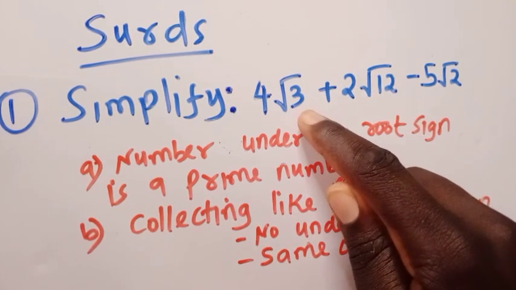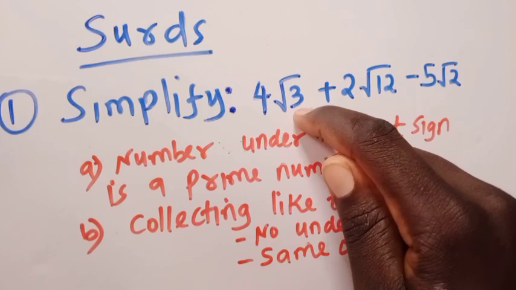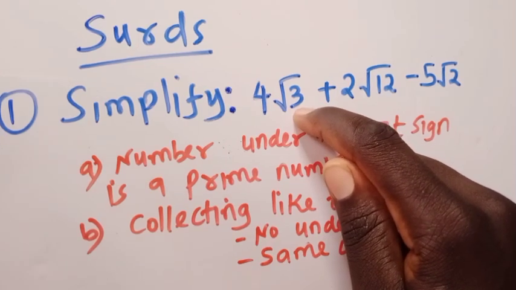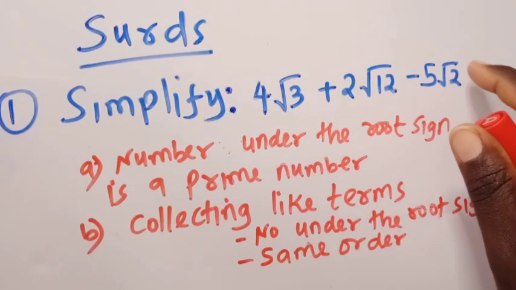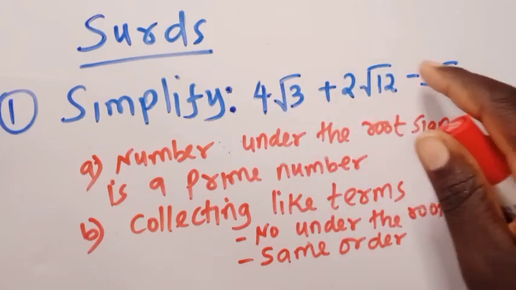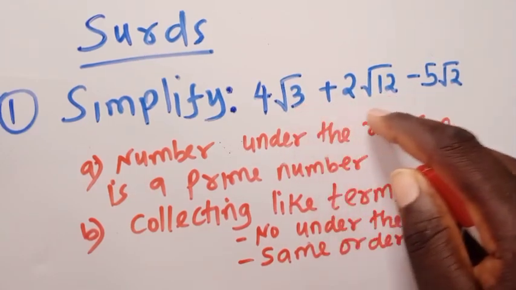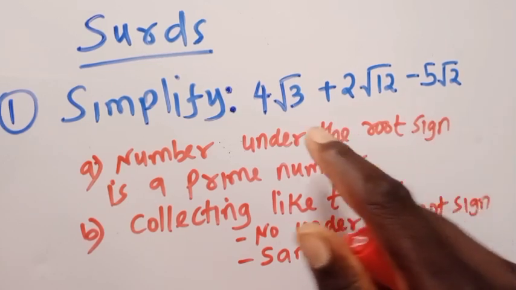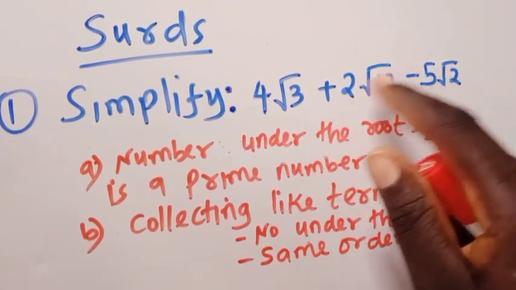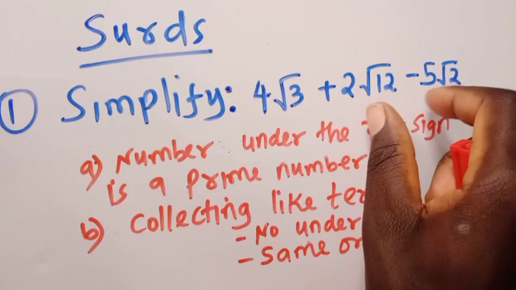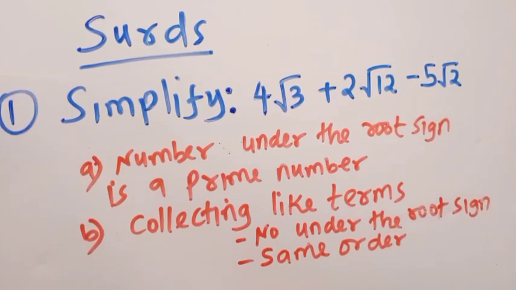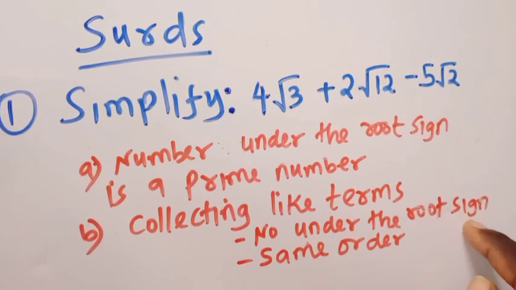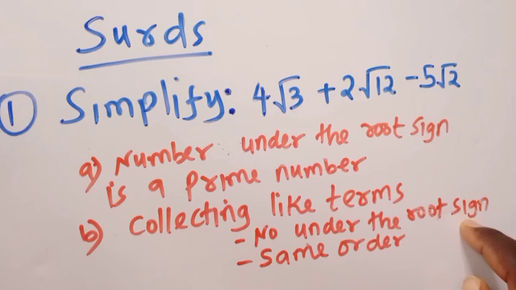For example, in this case, we have 3 under the root sign. Then on the rest of the Surds, we should also have maybe 3 under the root sign. So if we have 3 under the root sign in any of the other Surds, then we collect them together. So we say the number under the root sign should be same.